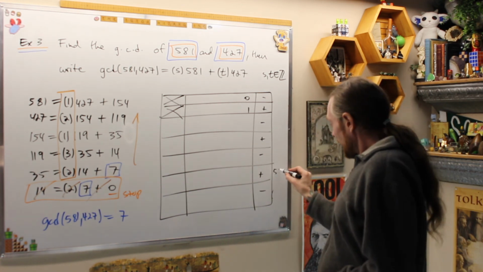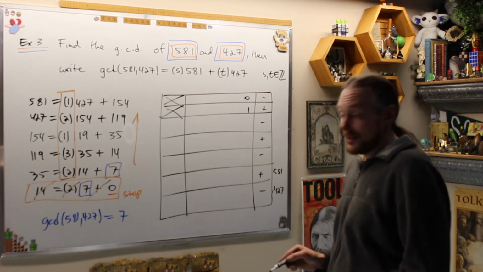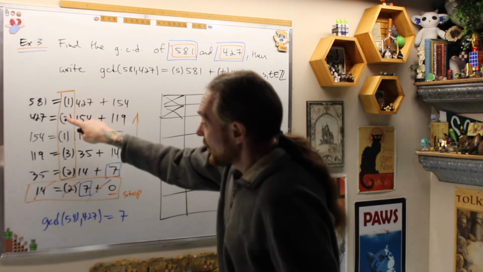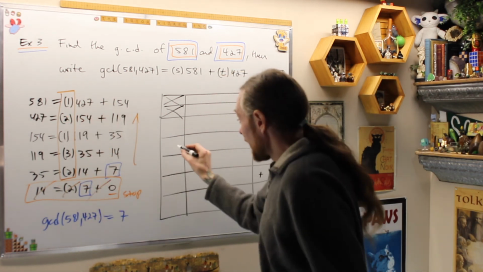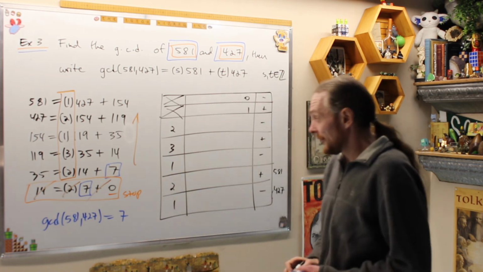This will have the 581 on it. This will have the 427 on it. This will be the coefficient. And then I write them backwards, not 1, 2, 1, 3, 2. I have to write them as 2, 3, 1, 2, 1 as the coefficients.